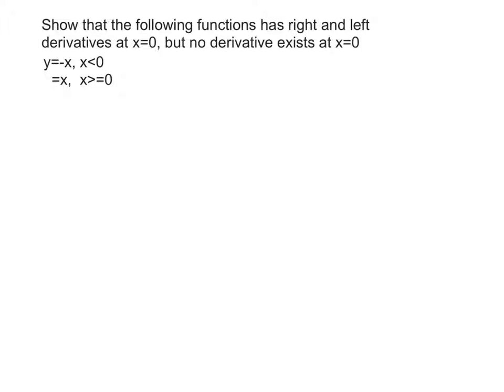Limit as h approaches 0 from the right of h over h equals 1. I showed again that the right-sided limit does exist, but the question is, does the derivative exist at x equals 0? Is the left and right-hand side the same? No, of course not.